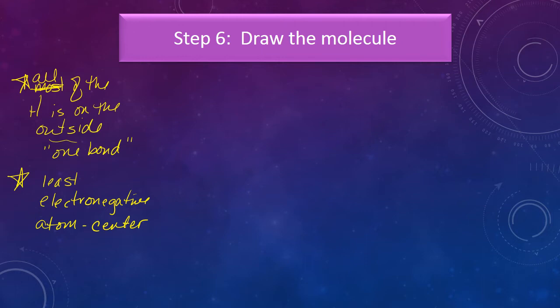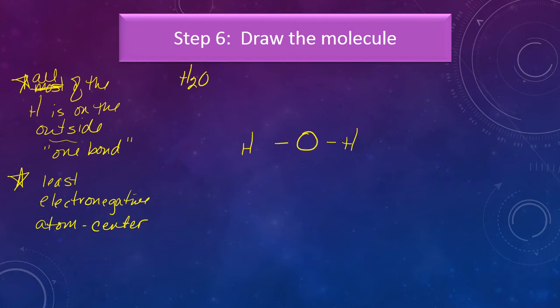And then we'll take a look at bonding versus lone pairs. So let's first draw the molecule and ignore that for a second. Well, let's start with oxygen, because this is H2O. And while the least electronegative is usually in the center, hydrogen has to be on the outside. So I'm going to draw it like this.